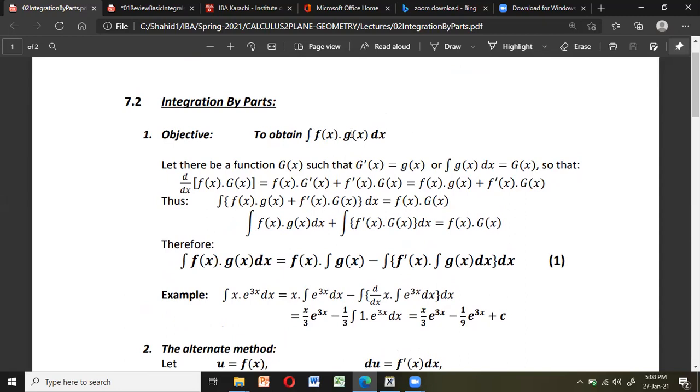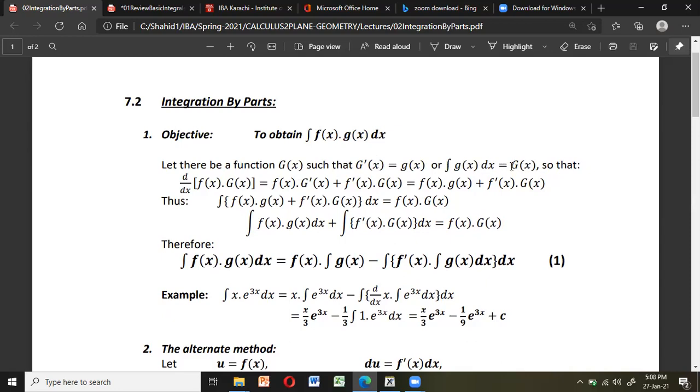Our objective is to obtain a formula for the integral of a product of two functions. Now, this can be done if you have some function capital G whose derivative is one of these two functions. I say the derivative of capital G is small g. That means the antiderivative or integral of small g is the capital G function.